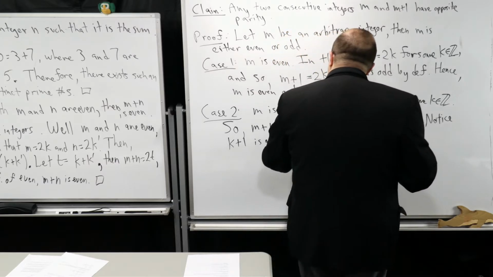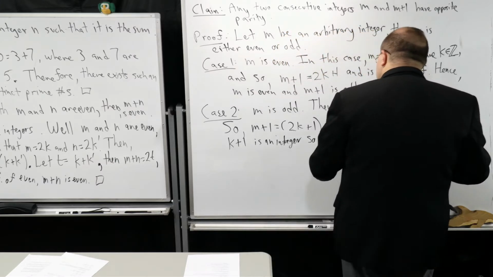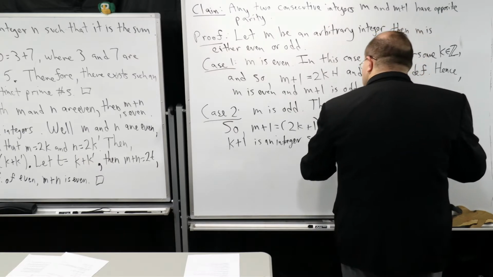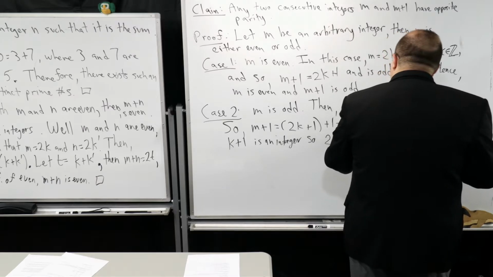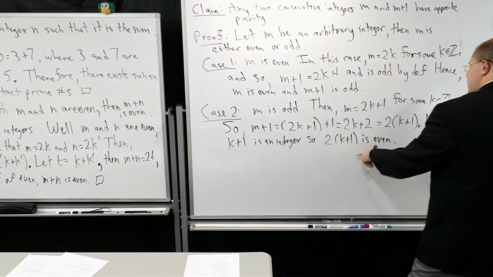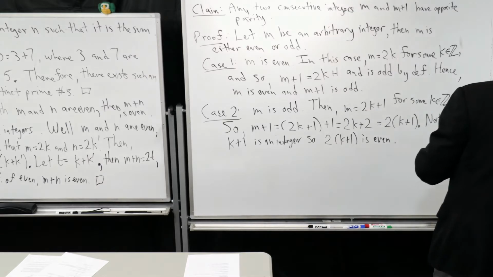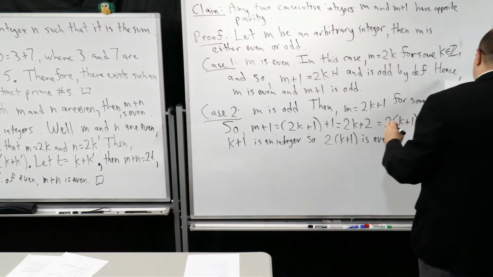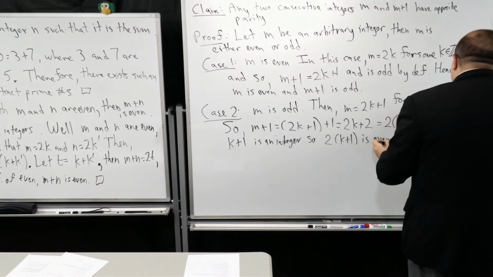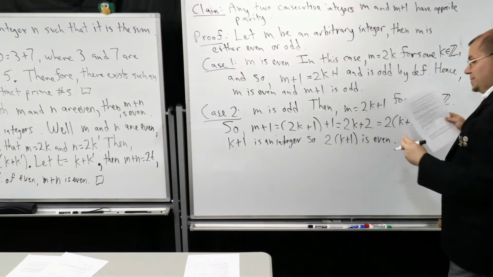So what does that mean? So 2 times (k plus 1) is even. It's 2 times some integer. Right? It's nice and simple. It is even. And boom, there you go.